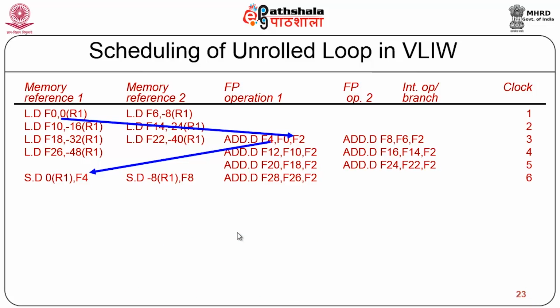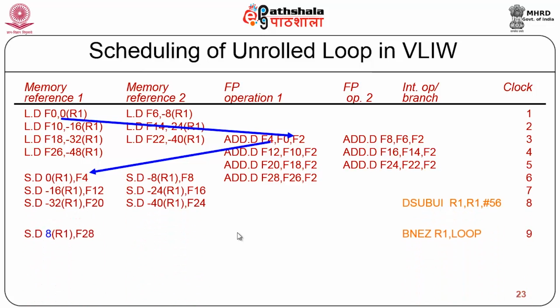And similarly, when you look at the store instruction, you will have to leave out 2 bundles after the first add. So, your first 2 stores come after 2 clock cycles, and you complete the schedule. In order to remove the dependency of the last sub instruction, see how your address has been modified for the last sub instruction, because you have unrolled it 7 times, and that again has a dependency with your branch instruction.